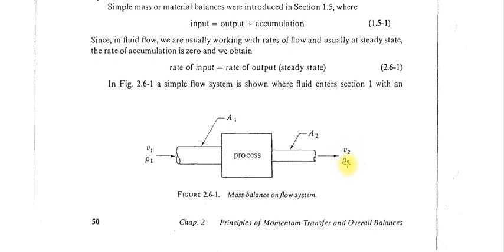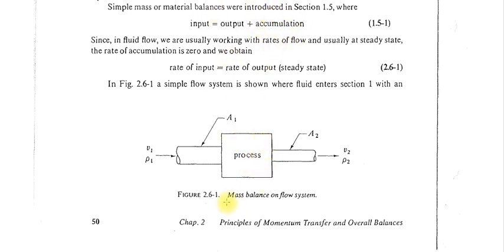You can just write the equation: input minus output equals accumulation, or input equals output plus accumulation. Accumulation means how much mass is accumulated in the process. So this is the overall material balance for the system. Here we are not taking any control volume for solving the problem. We are making the material balance for the overall system. At steady state, accumulation is 0.